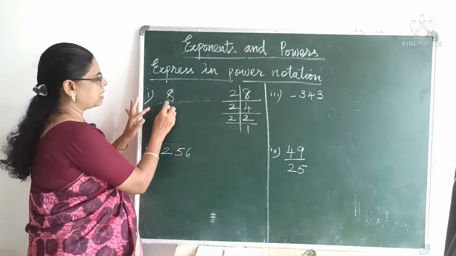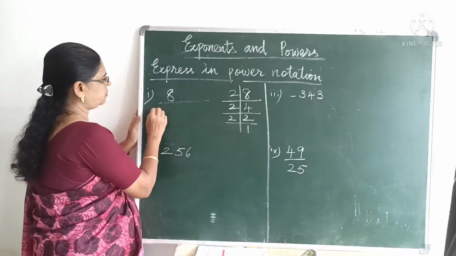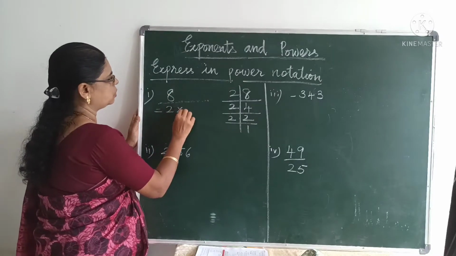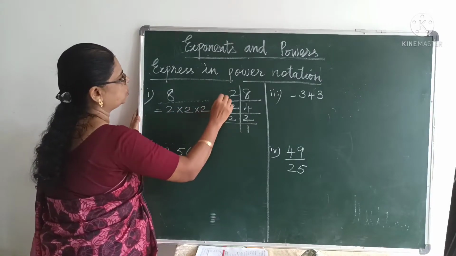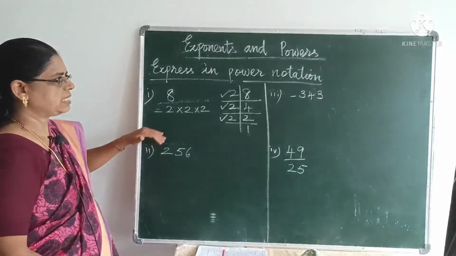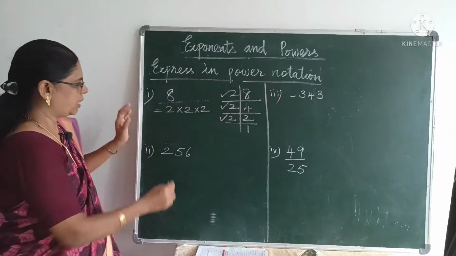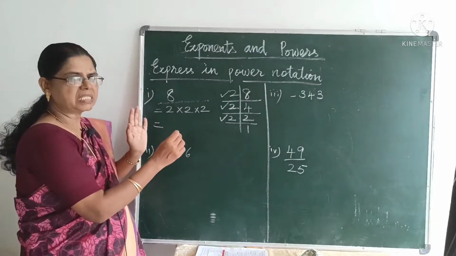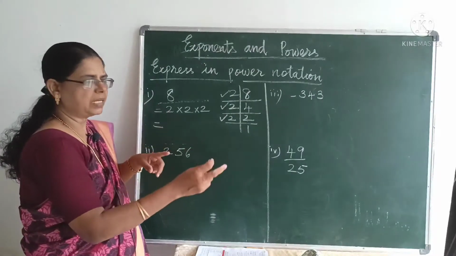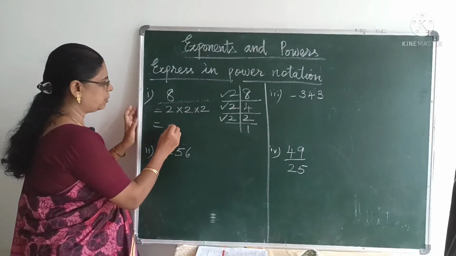And then write it in the expanded form. So 8 can be written as 2 into 2 into 2. Now let us write it in power notation. So which number is taken again and again? Number 2 is taken again and again. So that is going to be the base.